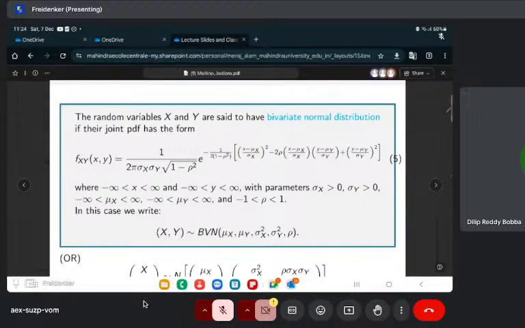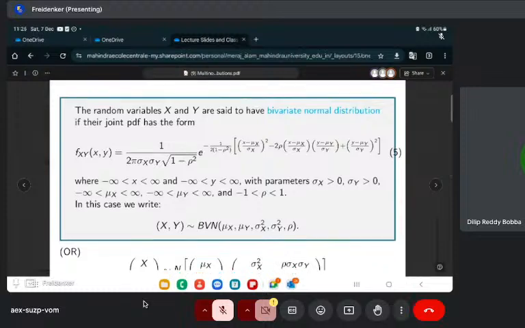This is the joint probability distribution of x and y. X and y you have to remember. Let me just come back. What was X?